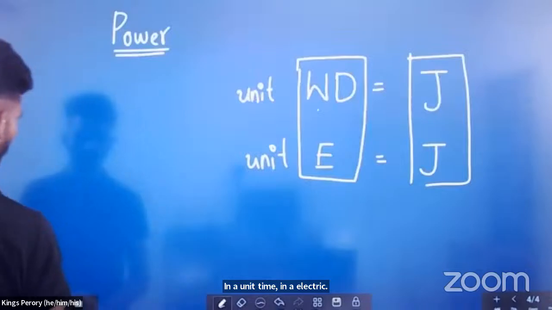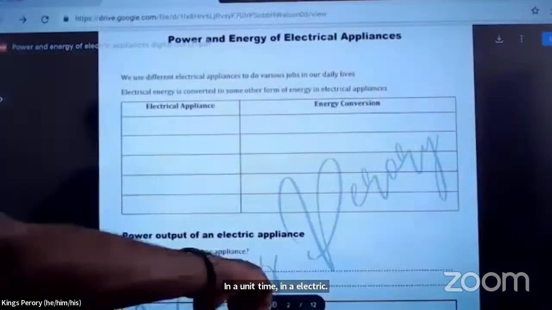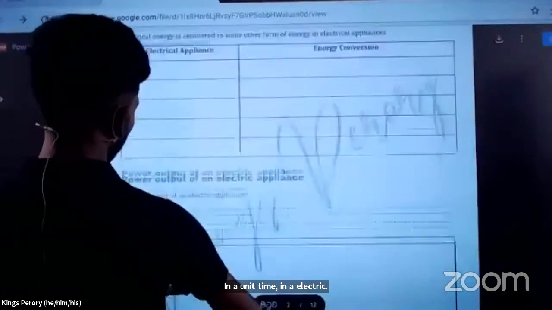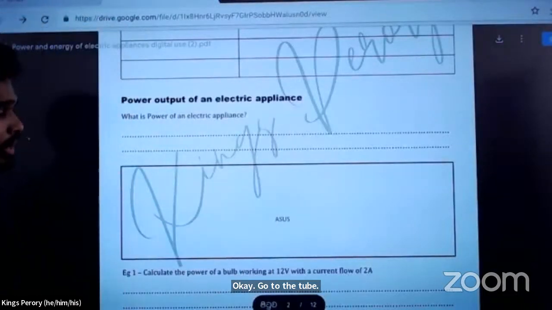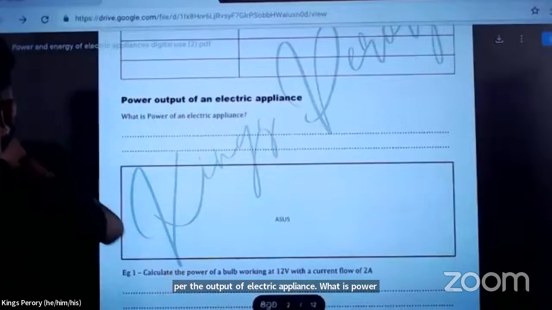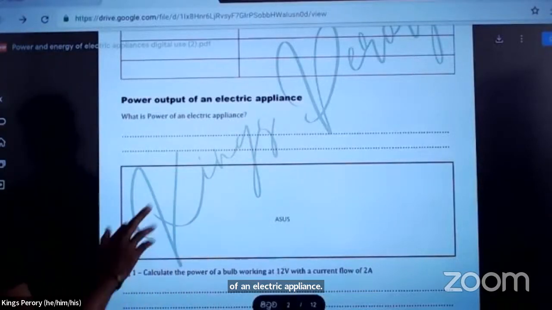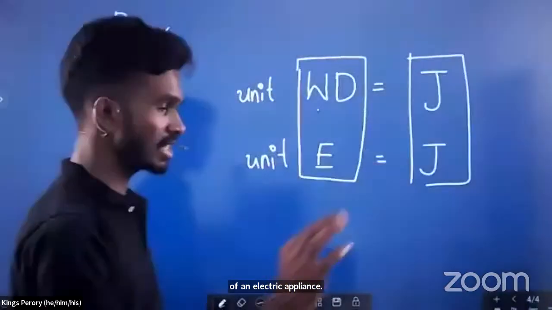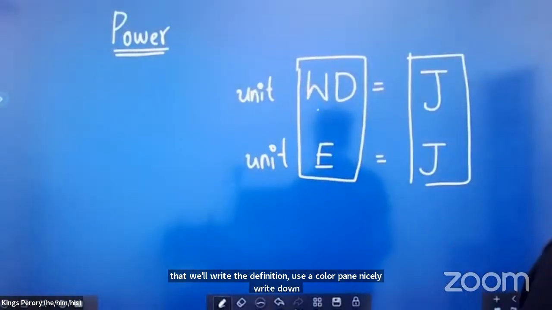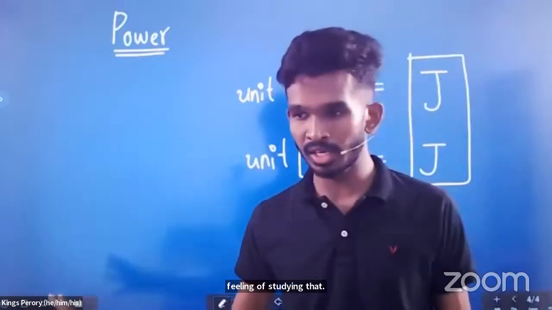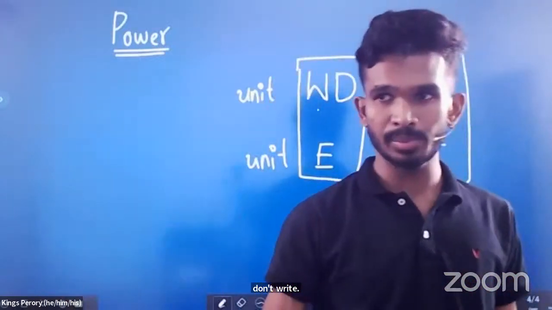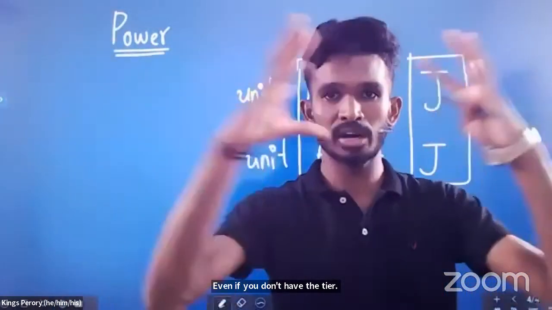Okay. Go to the tute. Power output of an electric appliance. What is the power of an electric appliance? Under that, we'll write the definition. Use a color pen and write it down nicely. Then only you will get the feeling of studying. Even if you don't have the tute, write in a separate book. Quickly write down the heading Power.